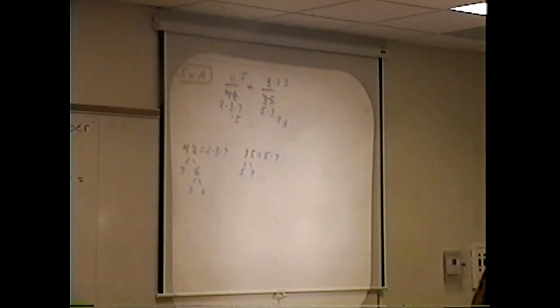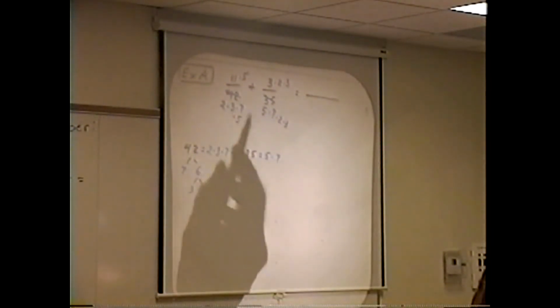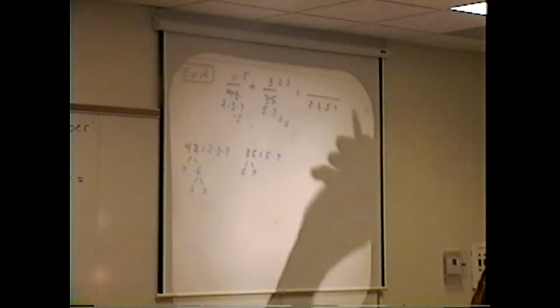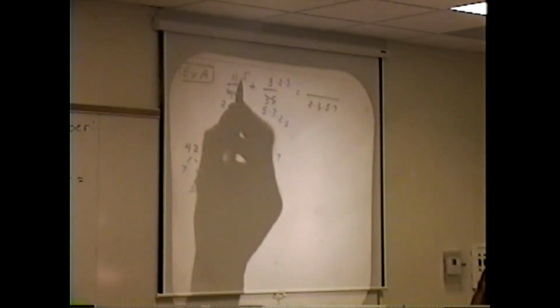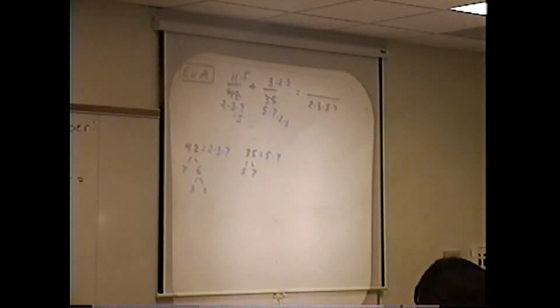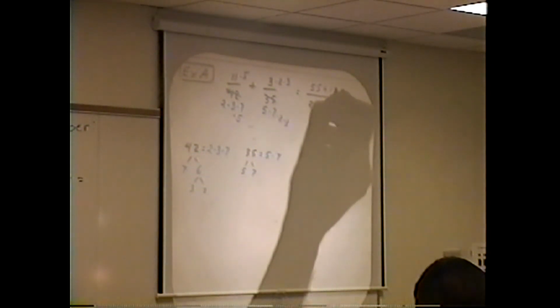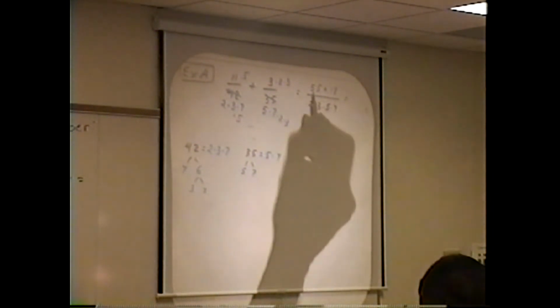Sometimes it's hard to find common factors, but if it's already factored for you, which it is, does everyone see that they're both 2 times 3 times 5 times 7? And my numerators are 55 plus 18. Again, I add my numerators, and what do I get? 73.